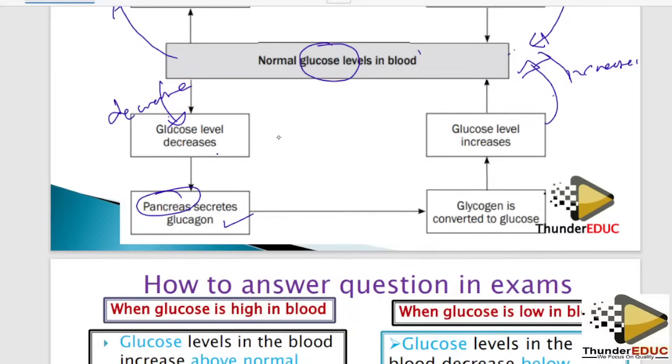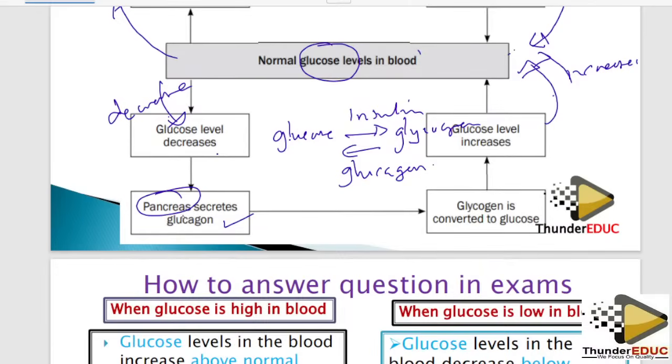Don't forget that you have glucose here, and then you have glycogen. So now, if you want to convert glucose to glycogen, use insulin. And then if you want to convert glycogen back to glucose, you use glucagon. Yes.